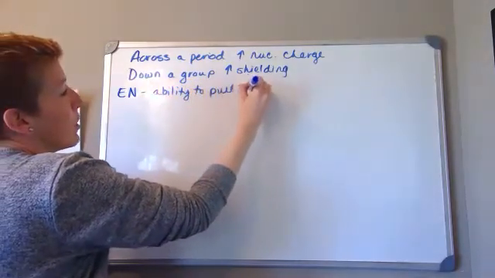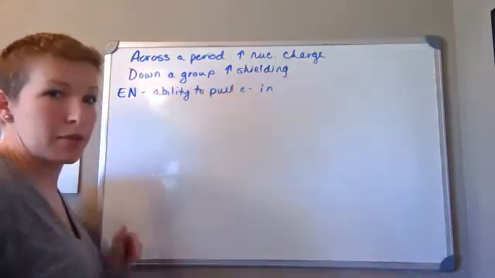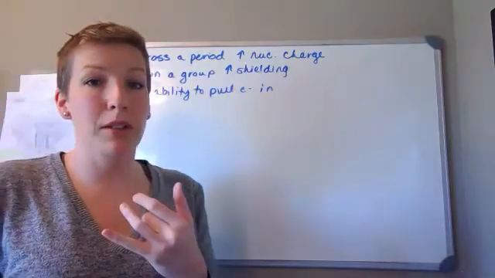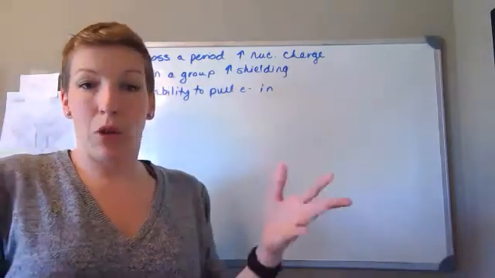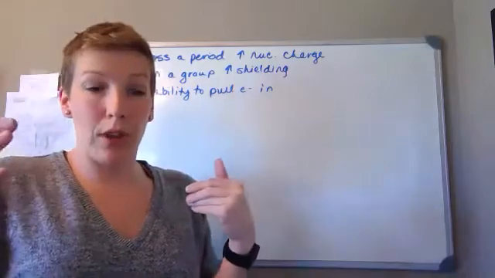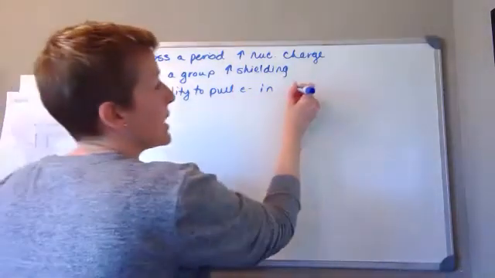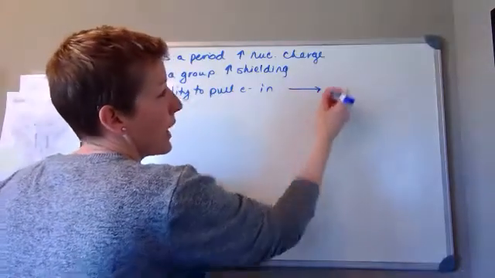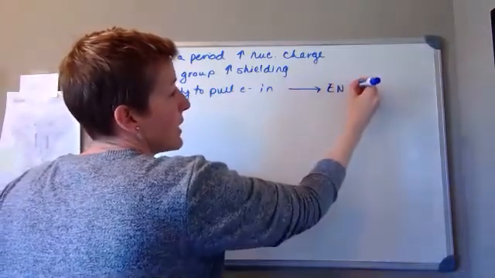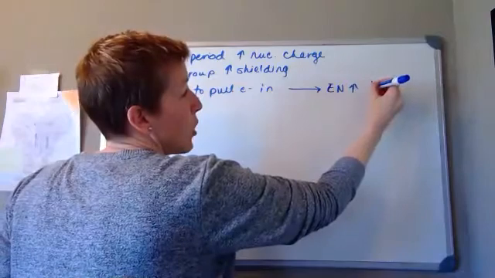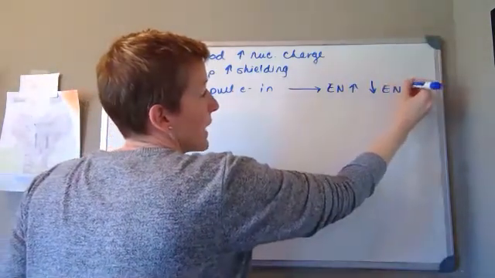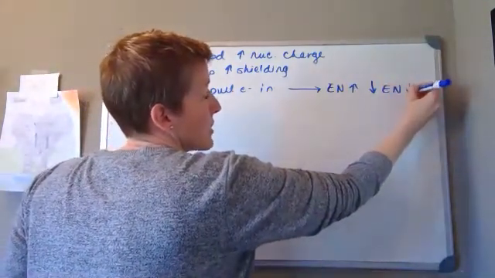Again, whether they're your own electrons or pulling in other electrons. So the trend in electronegativity is as you go from left to right, your electronegativity increases. And as you go from up to down, your electronegativity decreases.